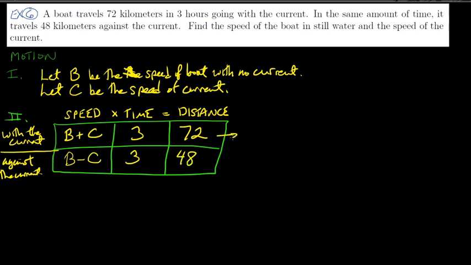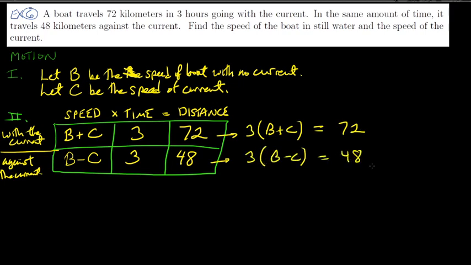Okay, so write down the equations. This is (b plus c) times 3. I'll put the 3 on the left, equals 72. The bottom equation is 3 times (b minus c) is equal to 48. So step 3, we have to solve this system of equations.